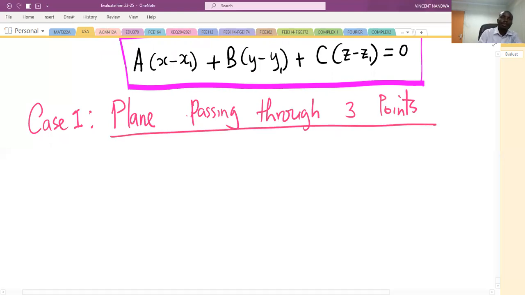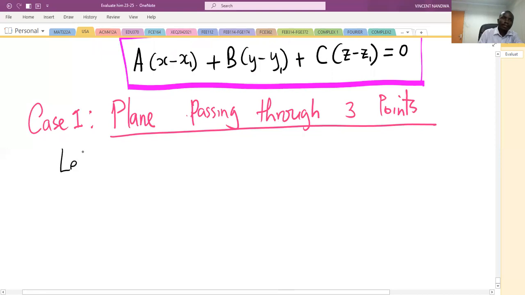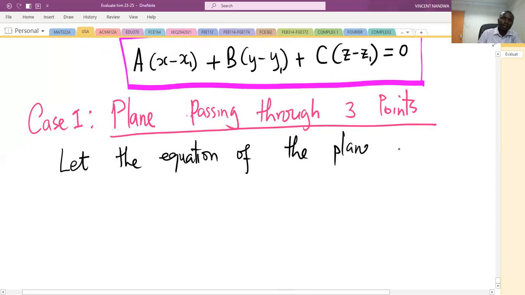Let's see how to find the equation of a plane passing through 3 points. So let the equation of the plane be ax plus by plus cz plus d equals 0. Let's call this one equation 1.